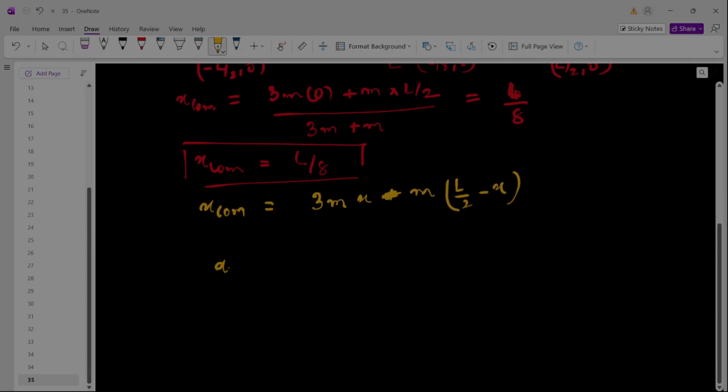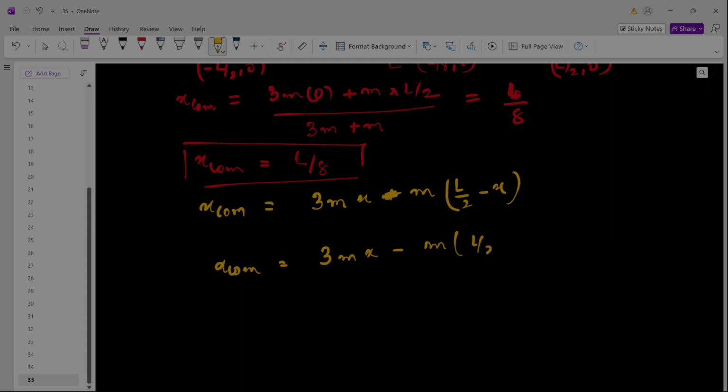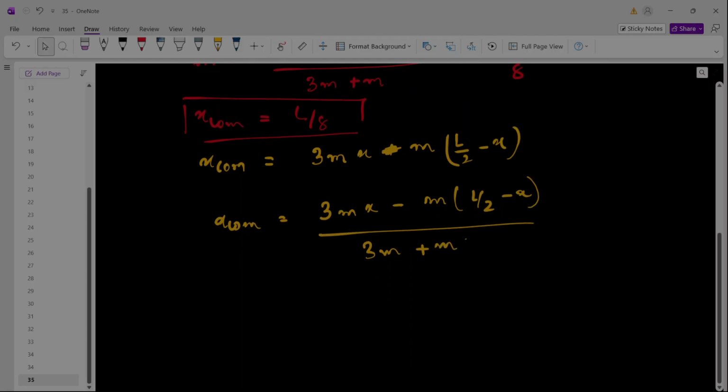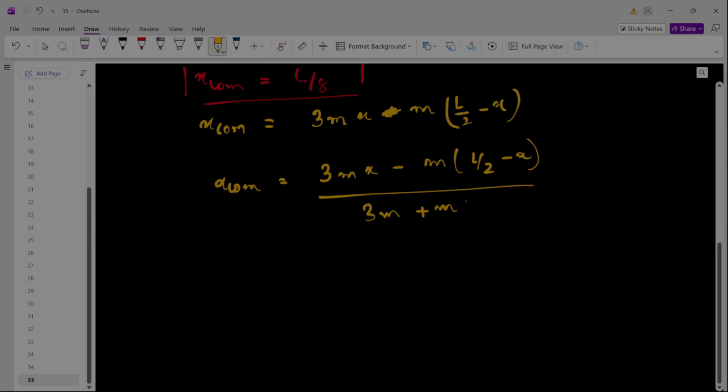So my x center of mass comes out to be 3m x minus m into L by 2 minus x divided by 3m plus m, right? Which makes it, the m's will all get cancelled out.